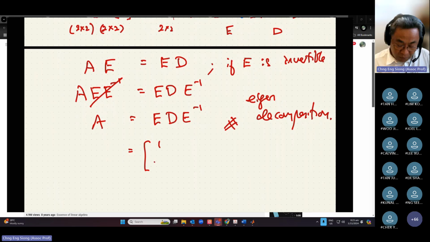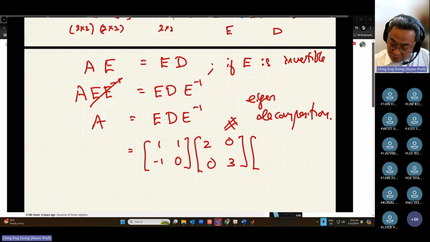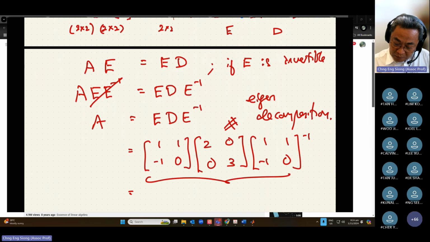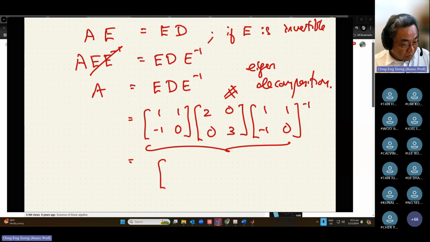E is 1, minus 1, 1, 0. Who's D? 2, 3. Who's E inverse? And then if it works, it will output our A, which is 3, 0, 1, 2.